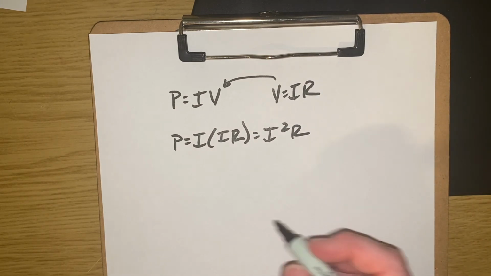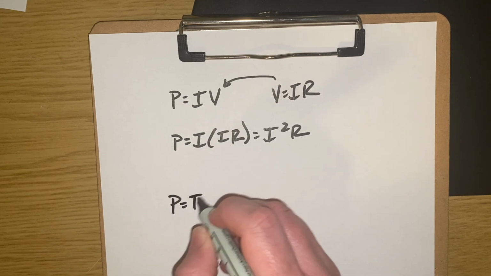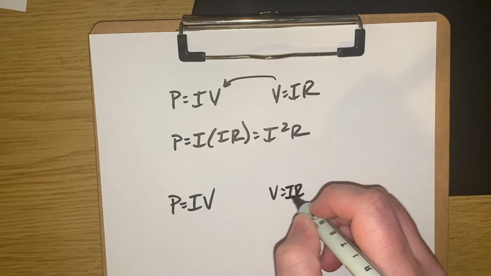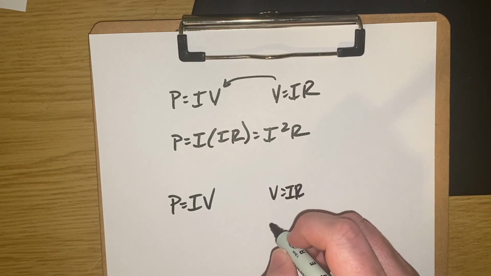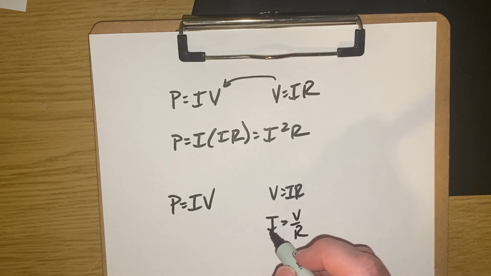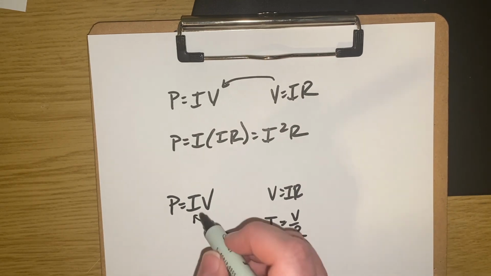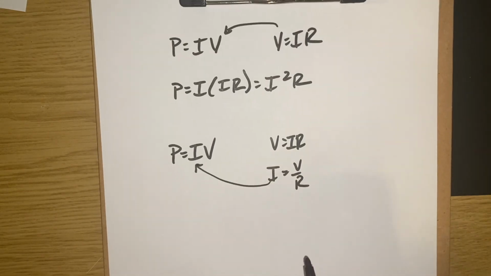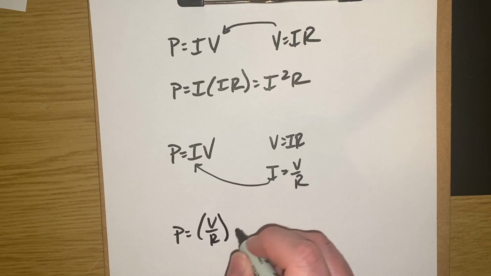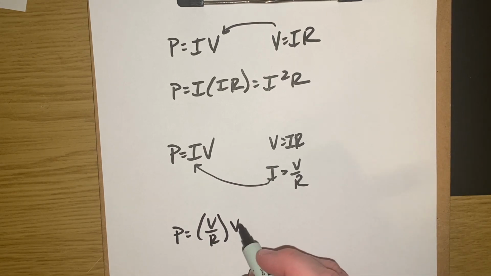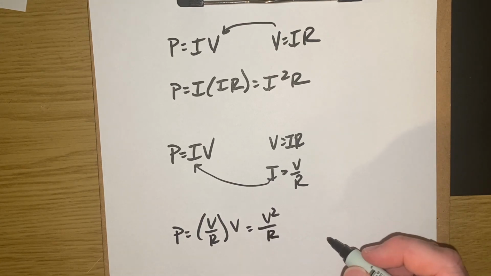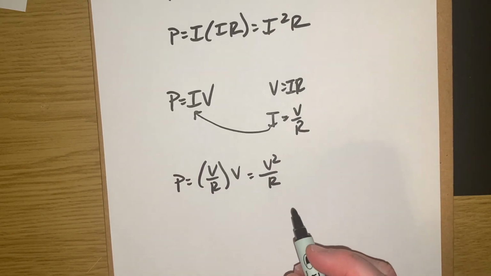We also know, so we have P equals IV again, and we have V equals IR. If we rearrange this equation for I, we say that I is equal to V over R. So if we put that into the I part of the equation, we end up with P equals V over R times V. And V times V gives us V squared over R. And so in the end, that gives us several different things.